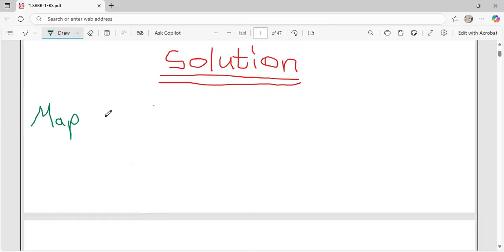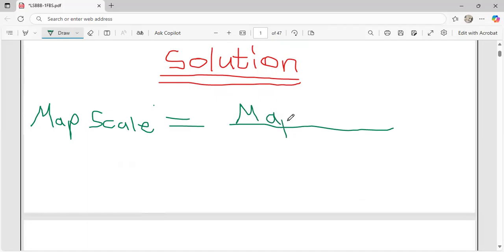The map scale is equal to ground distance, or let me say map distance, the map distance all over the actual distance.